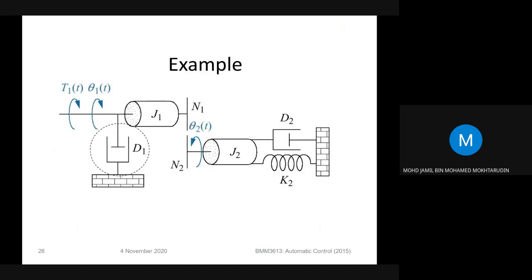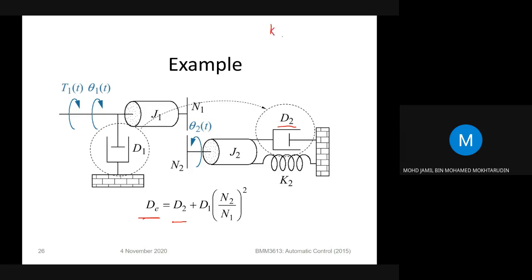So first we transfer the damper. Basically you can just add up the damper. So DE here we call equivalent damping, D equivalent equals D2. D2 we don't transfer, so it remains as it is, plus D1, because we want to transfer D1, so we multiply with N destination over N source squared.